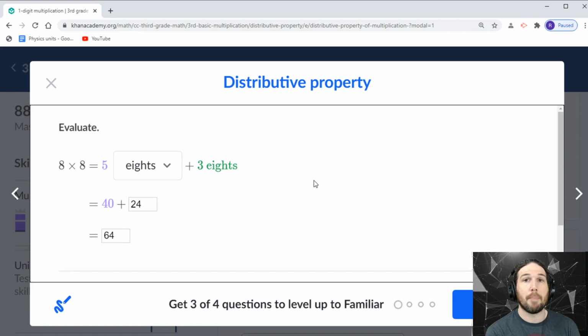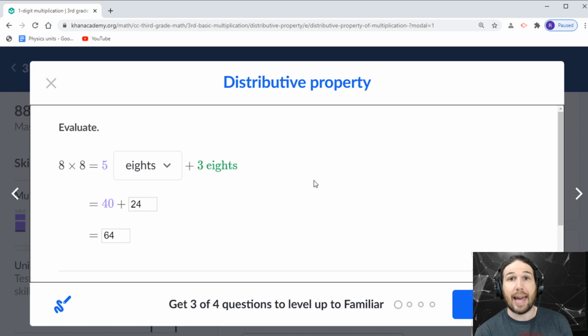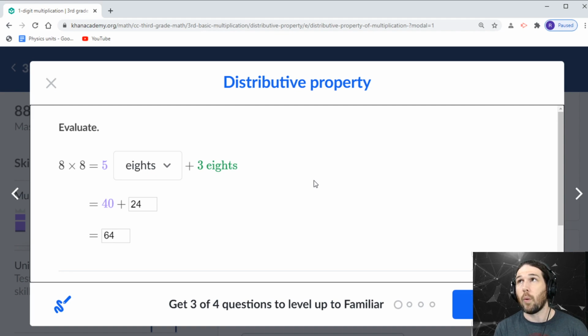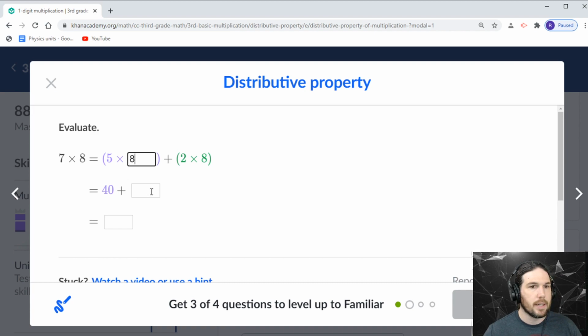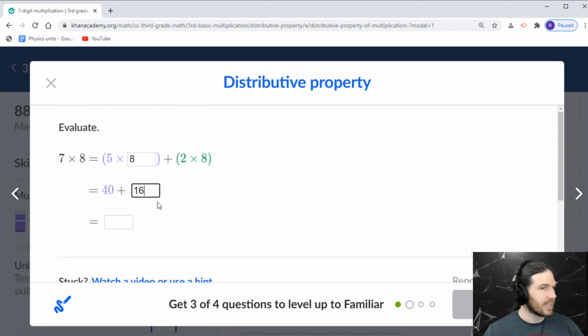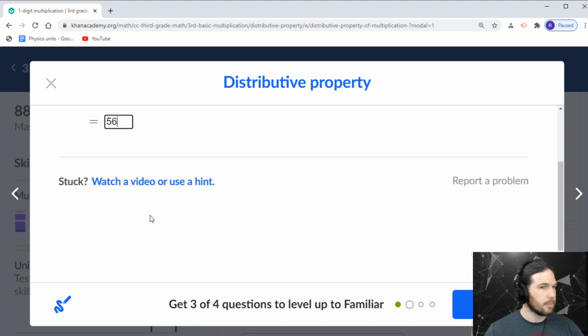This is not how my mind works. But that's okay. It's okay if the way you do things and the way your teacher does things are different, so long as you can communicate your process and it makes sense. All right, so 7 times 8 is the same thing as 5 times 8 plus 2 times 8, which is 40, plus 16, which is 56.